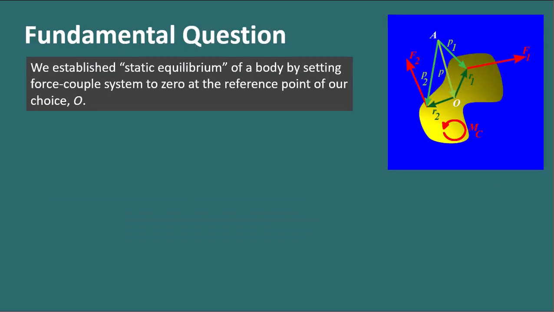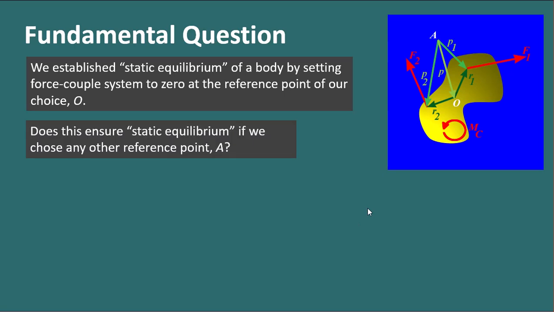The fundamental question is, we established the static equilibrium of a body by setting the force-couple system to 0 at the reference point of our choice, which is O. But now the question is, does this ensure static equilibrium if we choose any other reference point A?